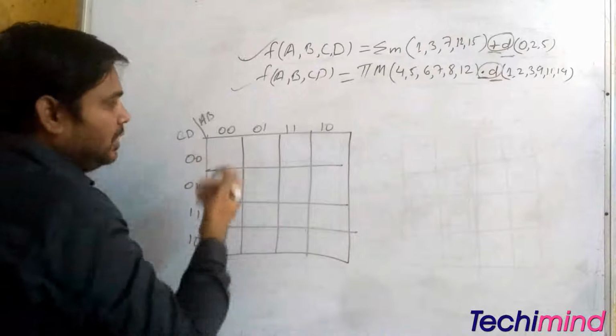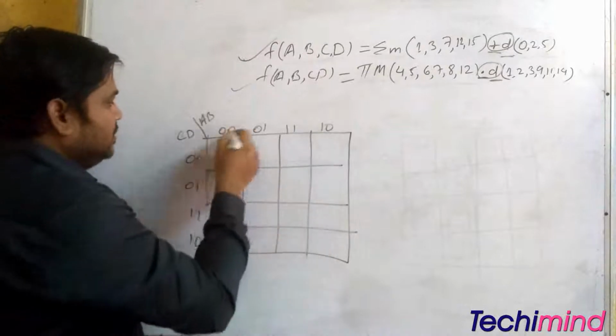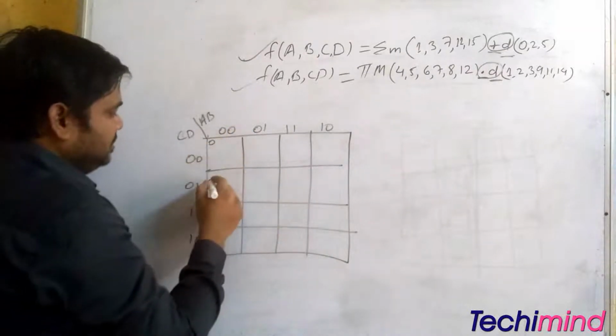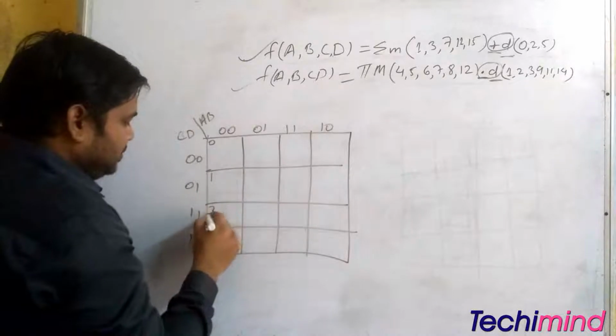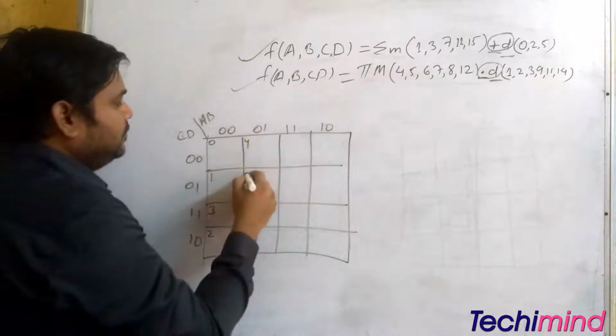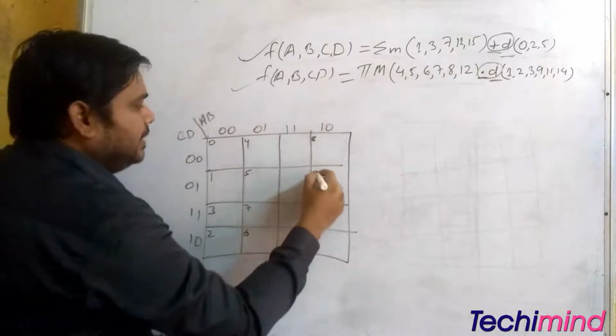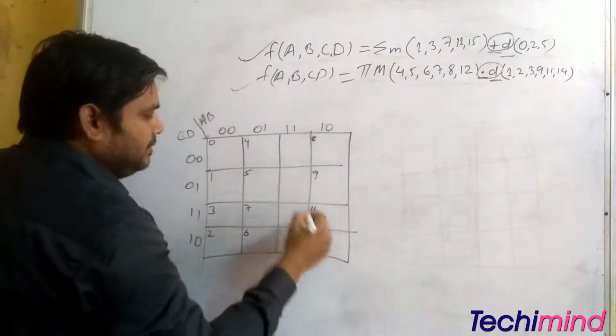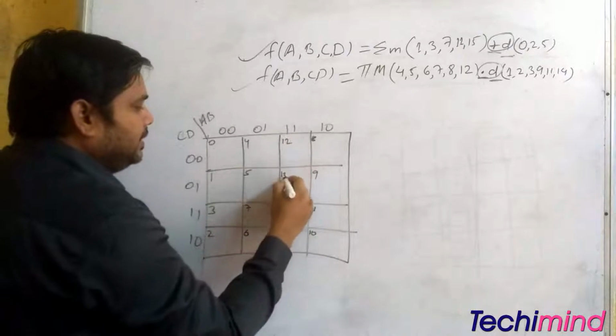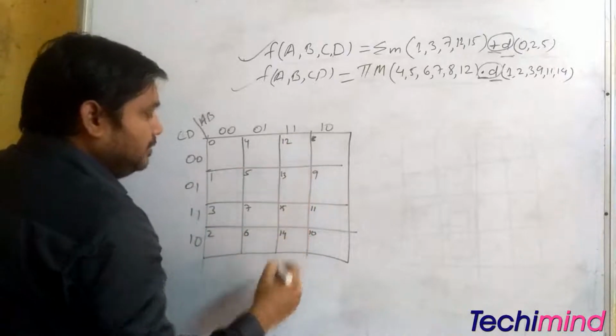As we know how to put the numbers in the cells, 0 0 0 0 is 0, then 1, 3, 2, 4, 5, 7, 6, 8, 9, 11, 10, 12, 13, 15 and 14.